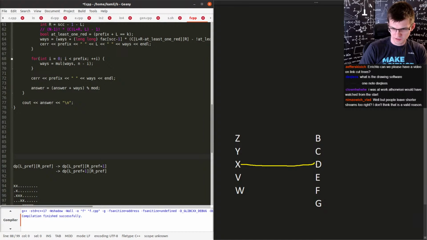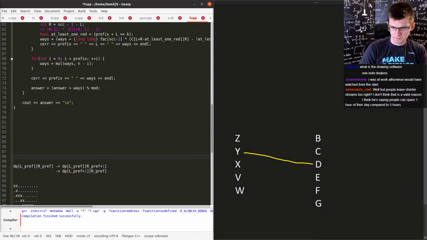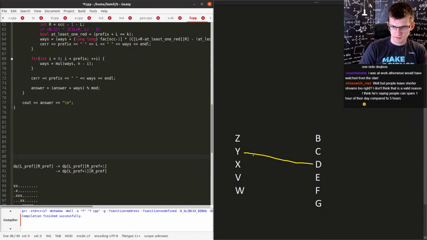If X uses D, then it means that D is included in X, V, and W. Previously, maybe Y used D, and then it means that D was used by Y, X, V, W. Okay. Then what does it mean that we put a split here?